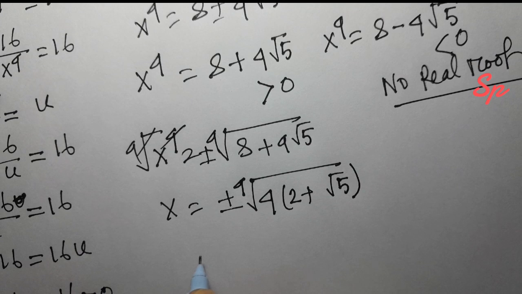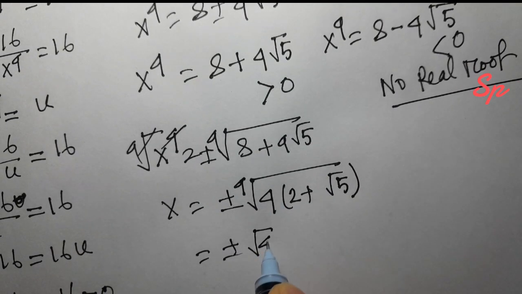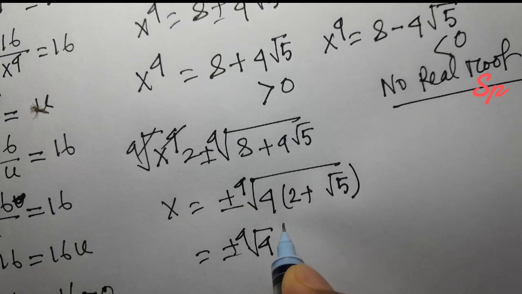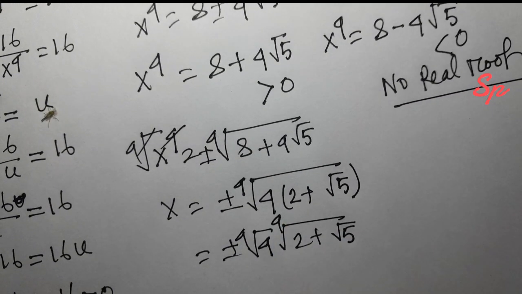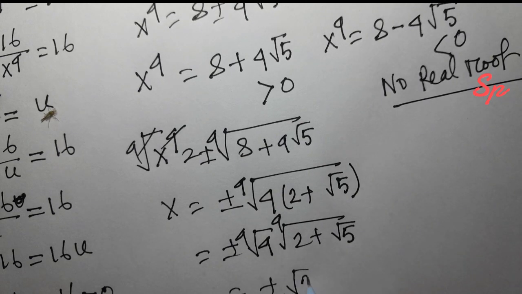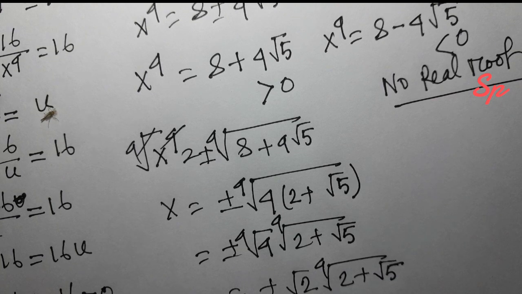Then plus minus fourth root of 4 and fourth root of 2 plus root 5 is equal to plus minus root 2 and fourth root of 2 plus root 5.